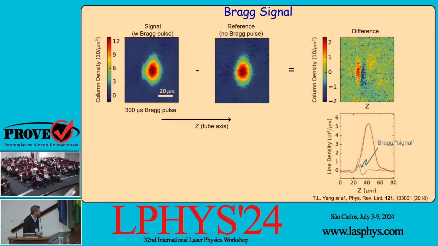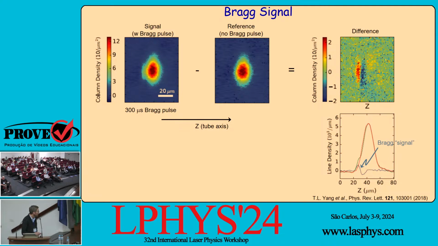So this is what the Bragg signal looks like. If you look carefully, you can see that this is a nice symmetric distribution of atoms in the trap, actually released from the trap for a few microseconds. Whereas in here, there's a Bragg pulse present, and it bites a chunk out of this distribution, and that chunk is this red distribution.